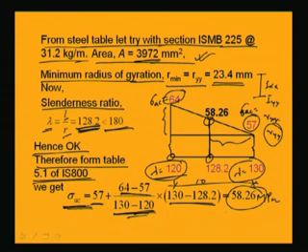I think now it is clear how to find the value of sigma AC from Table 5.1. For different values of lambda, that means different slenderness ratios, the compressive stress is given in the table for different grades of steel. Here we are assuming the grade of steel as Fy equal to 250.